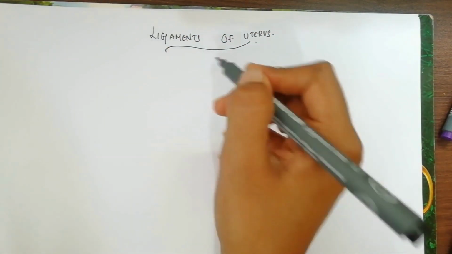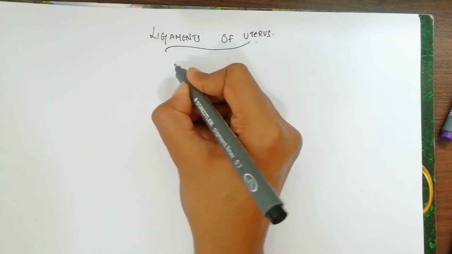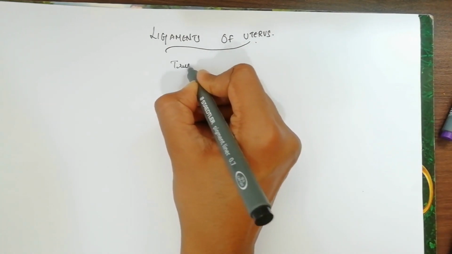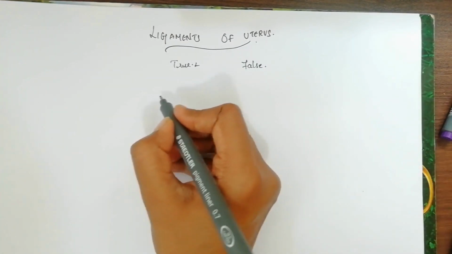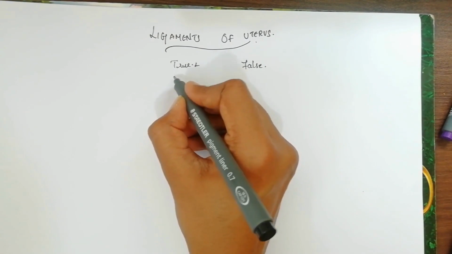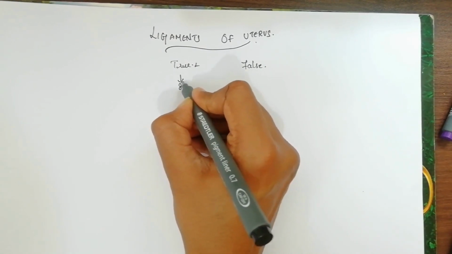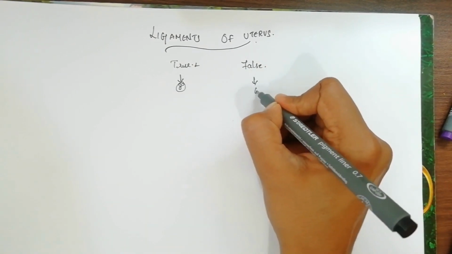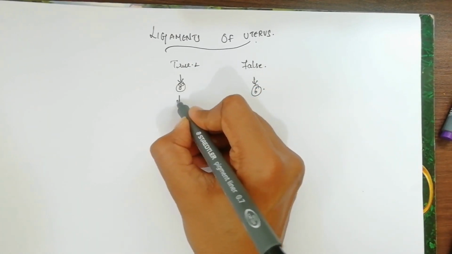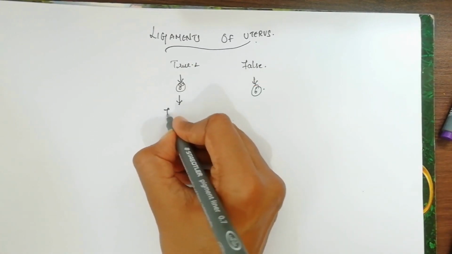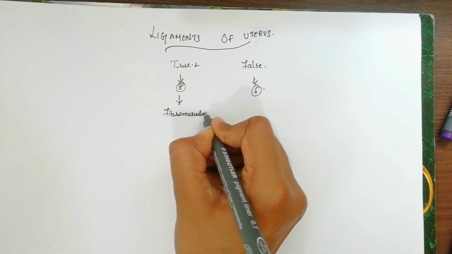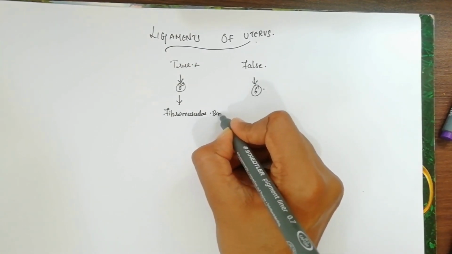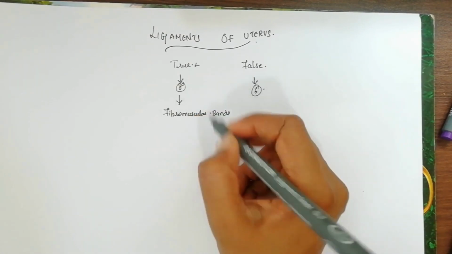Talking about the ligaments of the uterus, we have two types: true ligaments and false ligaments. Talking about true ligaments, they are about 8 in number, and these true ligaments are nothing but fibromuscular bands.